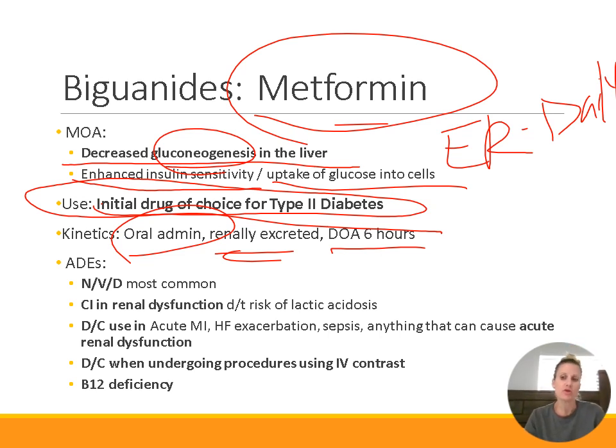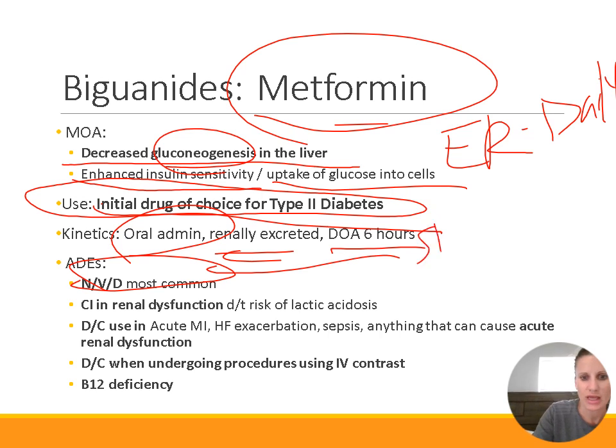Adverse drug effects. The most common adverse drug effects of metformin are GI, so nausea, vomiting, and diarrhea. And this is frequently dose limiting. This is why we say titrate the patient up to the maximum tolerated dose. The way that we lessen the GI effects is by doing a slow titration of the dose.